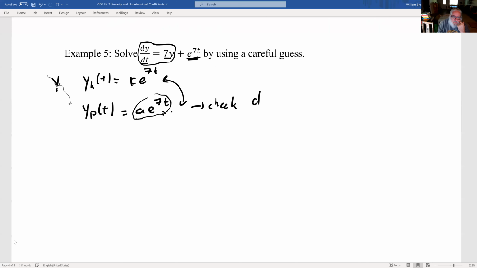The derivative of yp of t is equal to 7a e to the 7t. That's the left-hand side. The right-hand side is 7a e to the 7t, if I plug my guess in for the y here, plus e to the 7t.